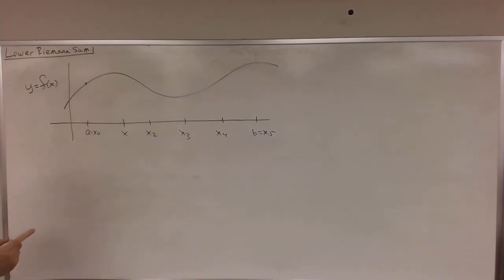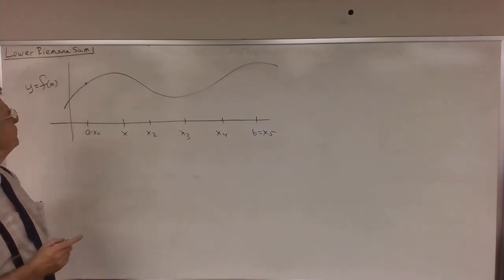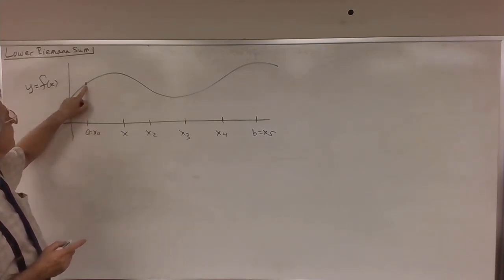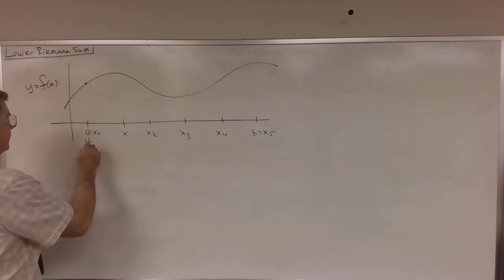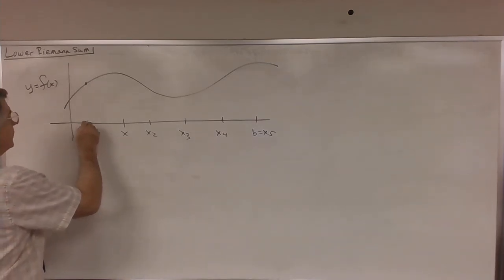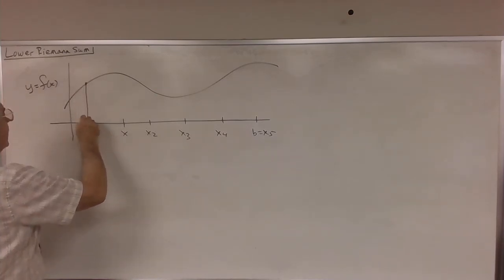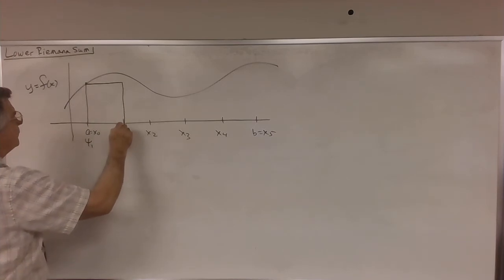Now, in each subinterval, psi sub i is going to be the point at which f of x attains its smallest value. And in the first subinterval, it looks like f of x is its smallest right here. So I'm going to make that psi sub 1. And this is going to be my height for the first rectangle.